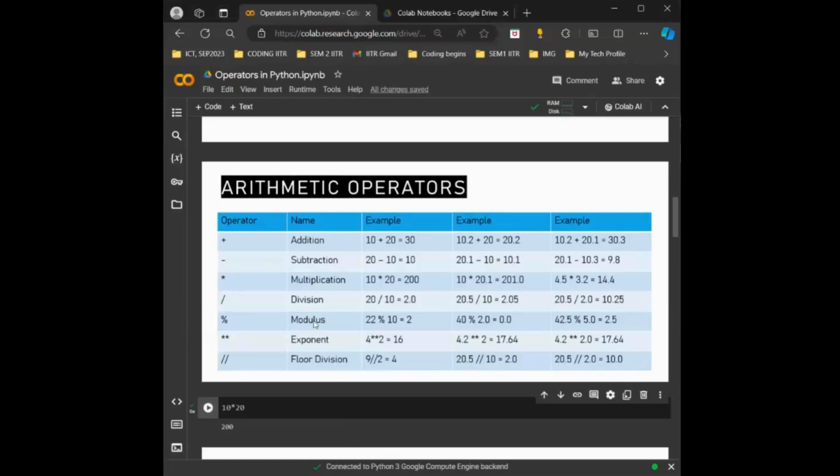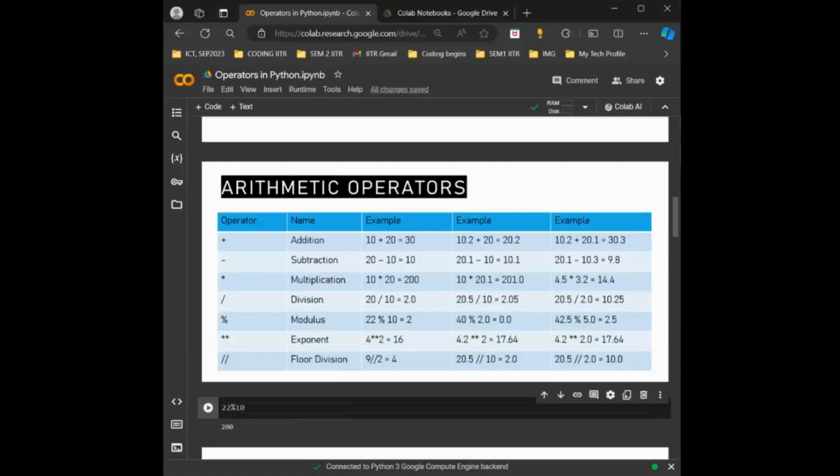But when we use the modulus operator, it gives the remainder, not the quotient. So when applied on integer numbers, it gives the remainder as an integer only. But if either of the numbers or both the numbers are floating, then the result will always be in float form.